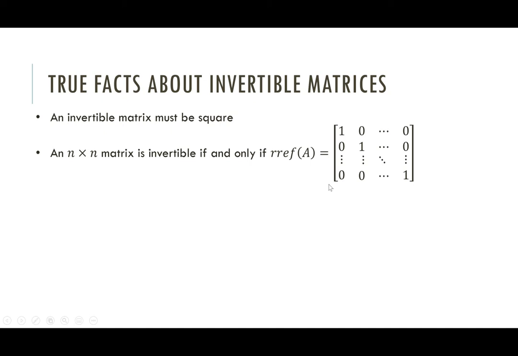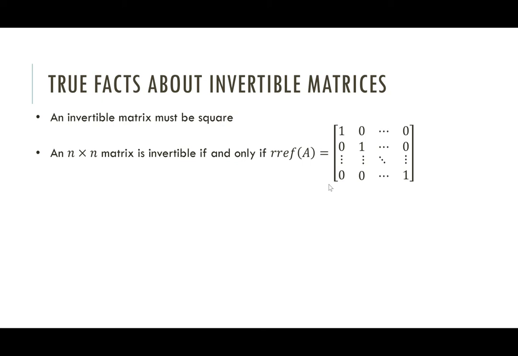Should it be true that if a matrix is invertible, its reduced row echelon form should be the identity matrix? I think it comes down to this idea of solutions, this more theoretical look at what an inverse is.